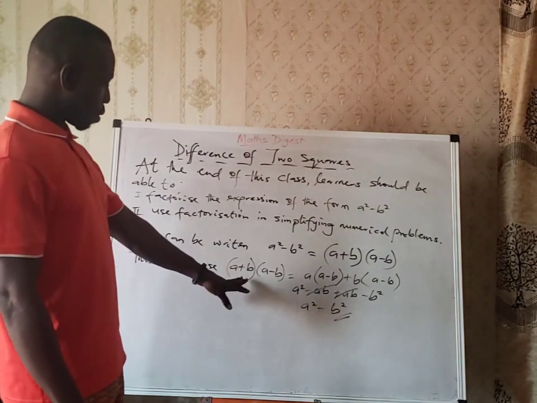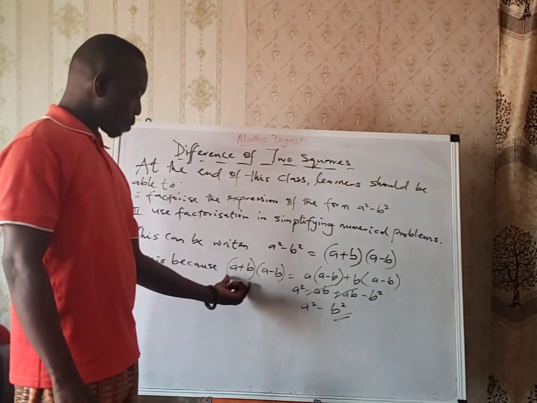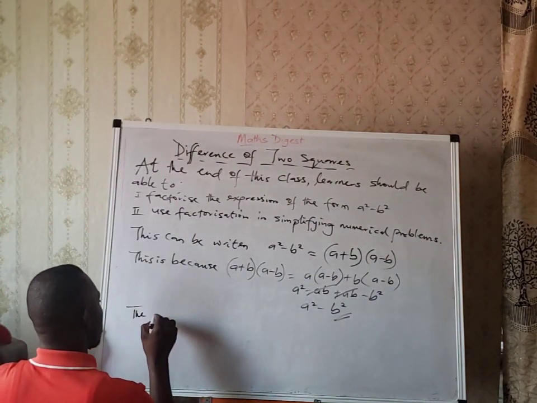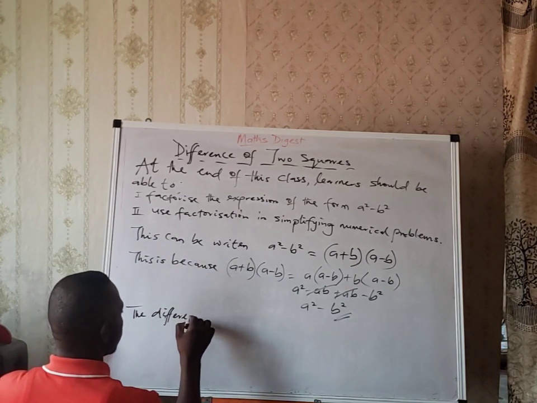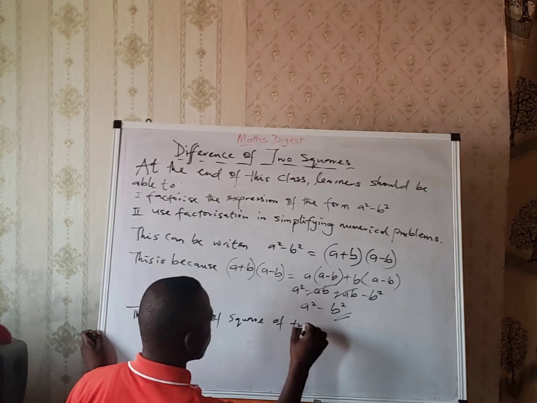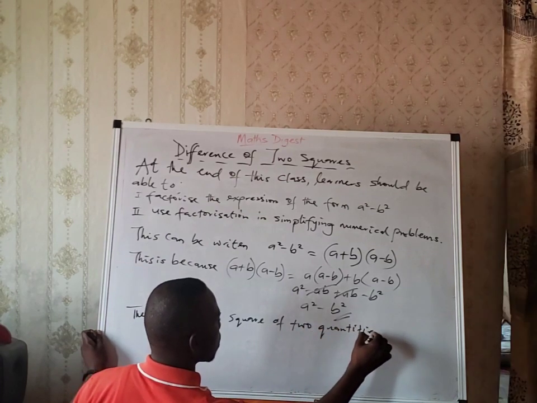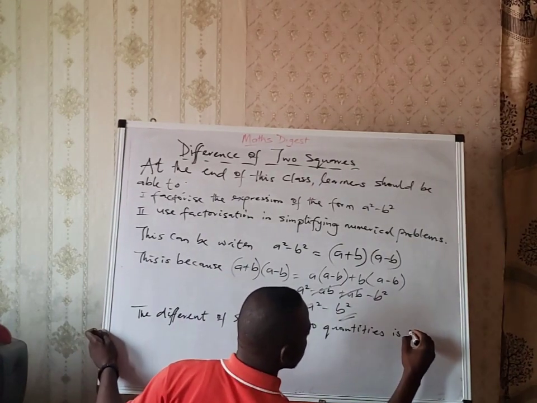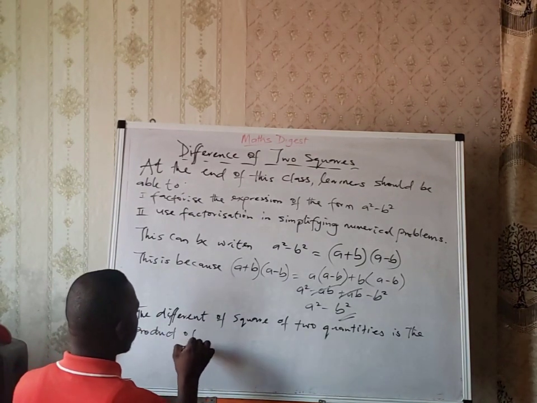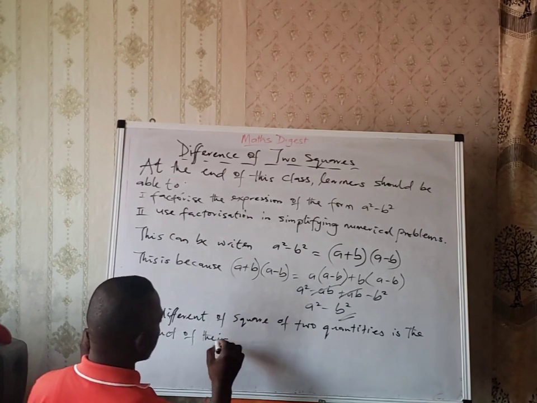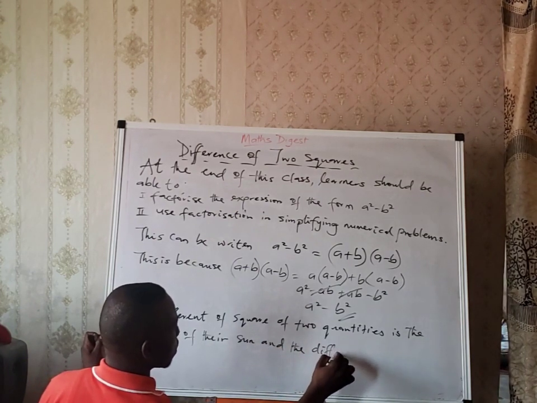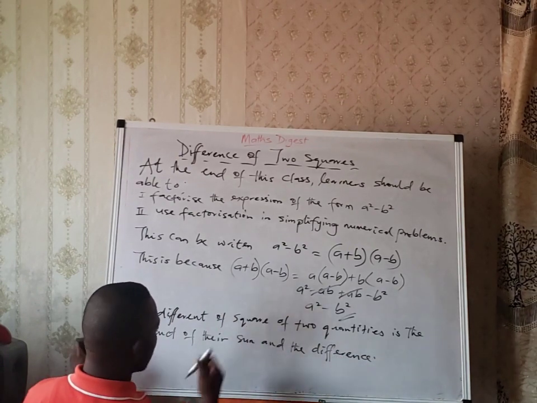Quickly we can write that as: difference of squares of two quantities is the product of their sum and the difference.